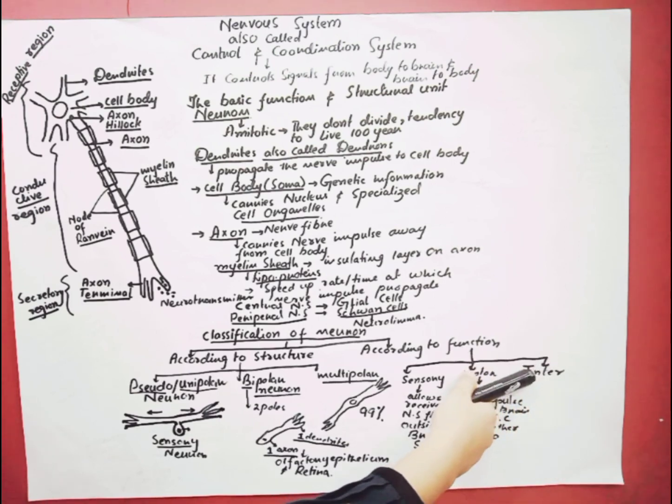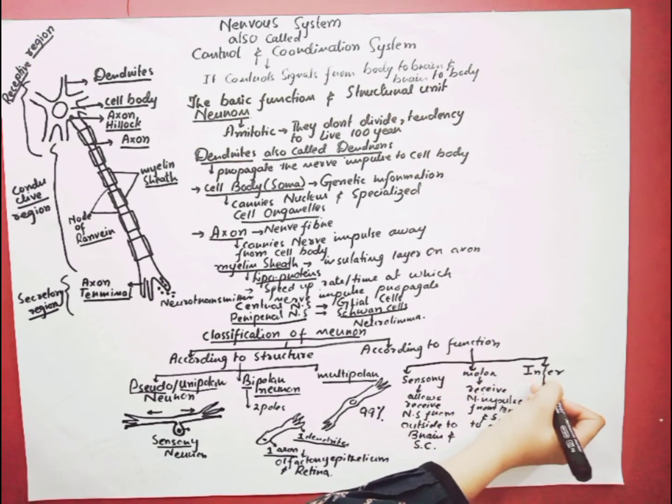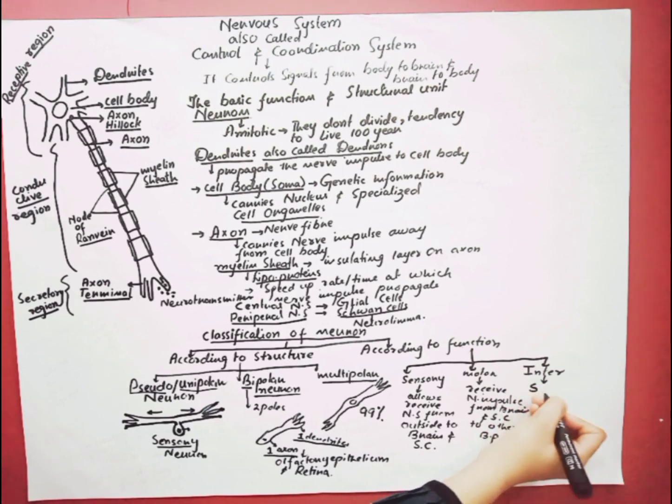While the interneurons, which are also called connector and associator neuron, they enable communication between sensory and motor neurons. This is all about the nervous system of human body.